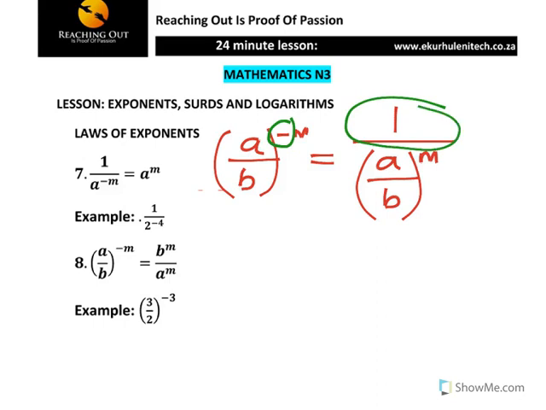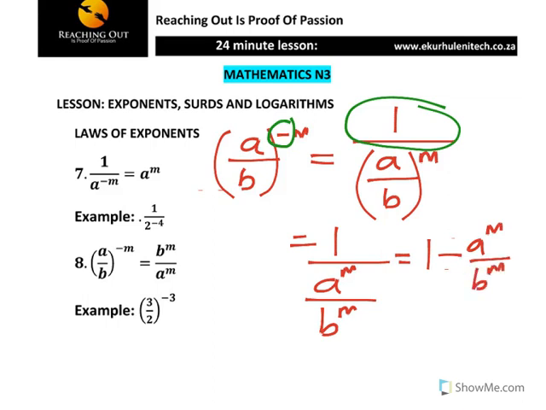Now this is the same as 1 over a to the power m over b to the power m, which is equal to 1 divided by a to the power m over b to the power m, which is equal to 1 times b to the power m over a to the power m, because when I multiply, I interchange: what was on top goes down and what was down comes up.